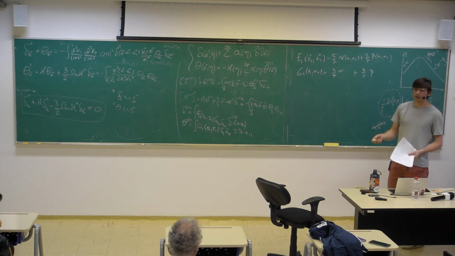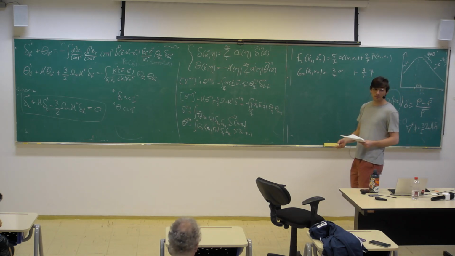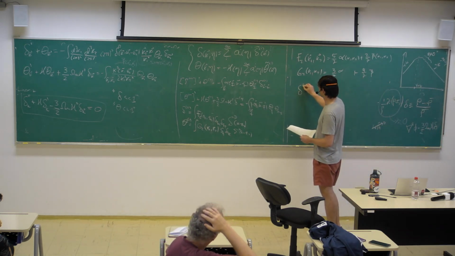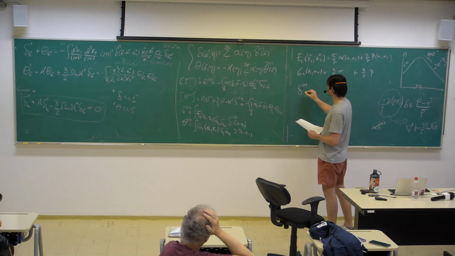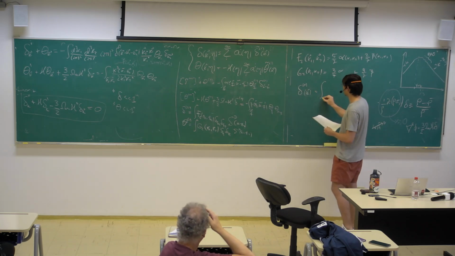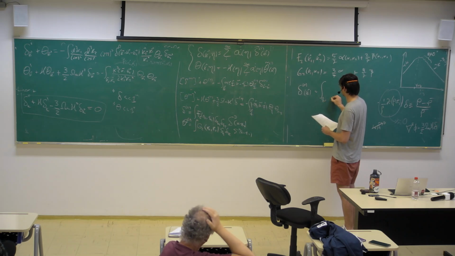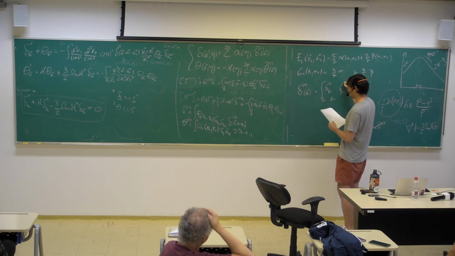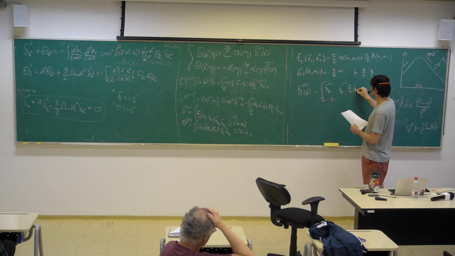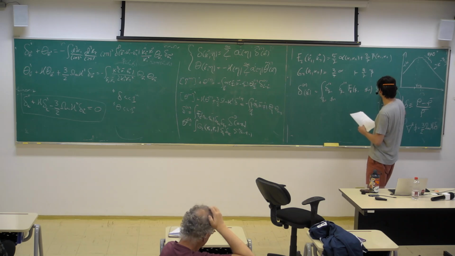And now we can do this to nth order, right? So what people have done is write something that looks like delta n, and also the same for theta, but I'm not going to write it down, is some integral over q1 to qn, with n powers of the linear solution, times some Fn kernel, times a delta function that conserves momenta.